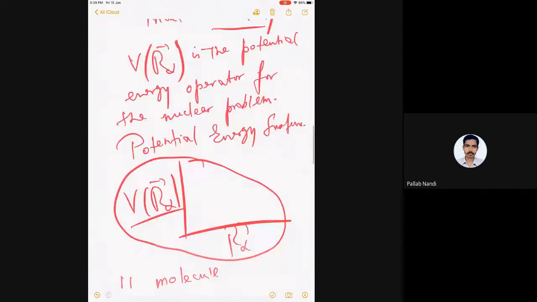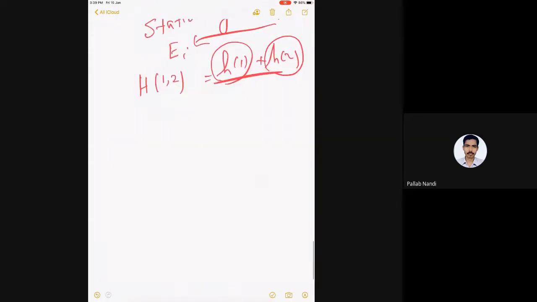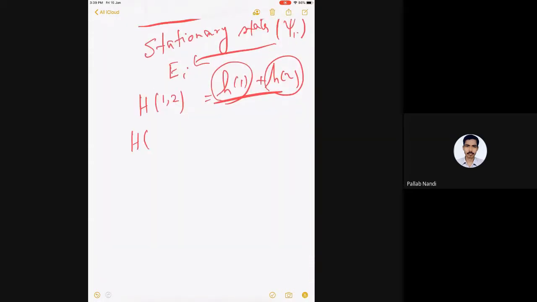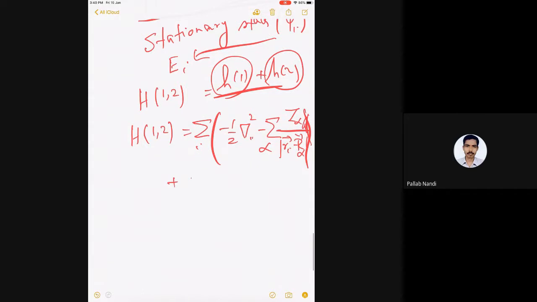So let me write down this H, which is the electronic Hamiltonian now, as a sum over I of minus half Laplacian, minus sum over alpha Z alpha divided by modulus R i minus R alpha, plus the electron repulsion term.